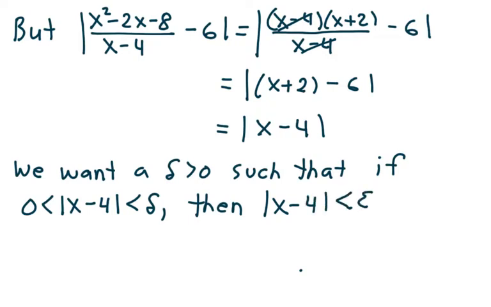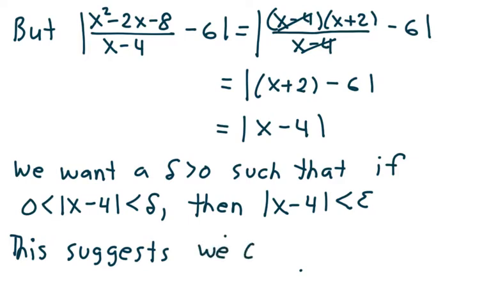So this suggests we choose delta equal to epsilon. That's the suggestion. So now we're ready for the proof.